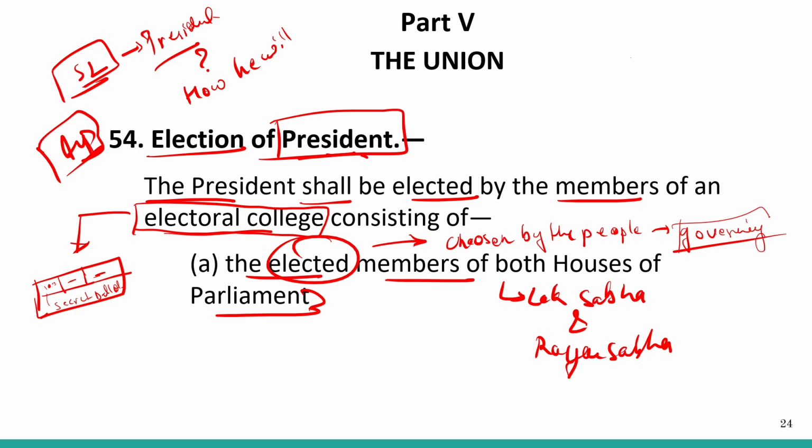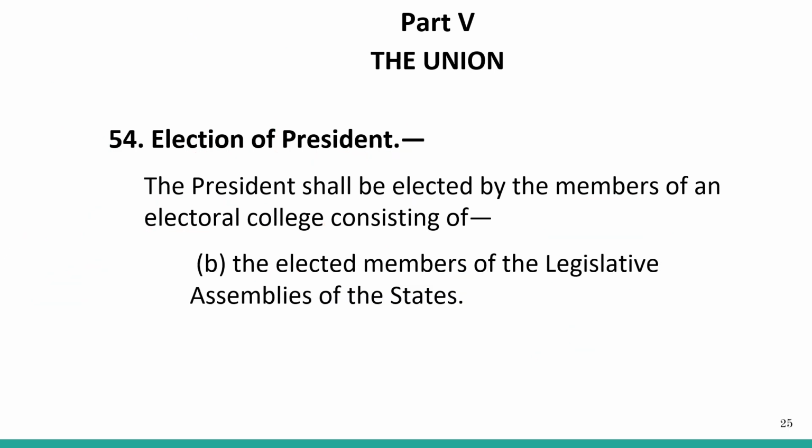Whenever there is any election, whether for an MLA, an MP (member of parliament), or for Rajya Sabha, all those members who have been elected on that particular seat will be the pool from which some people will be chosen to elect the president.